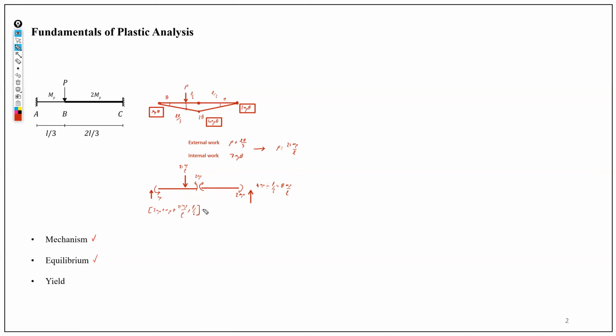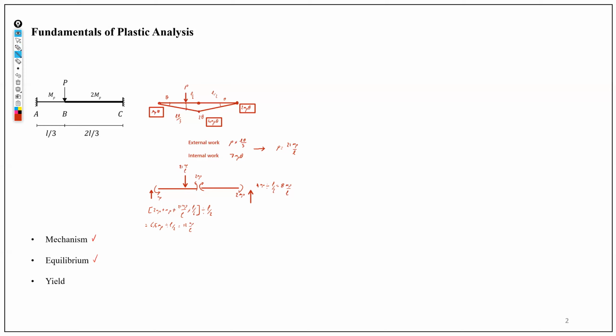Then we need to divide this by the whole length, which is L over 2. 3 Mp here and 3.5 here, then 6.5 Mp divided by L over 2 will be 13 Mp over L. We can also double check right now. 8 Mp over L here, 13 Mp over L here is equal to 21 Mp over L. Therefore, we have obtained these numbers correctly.